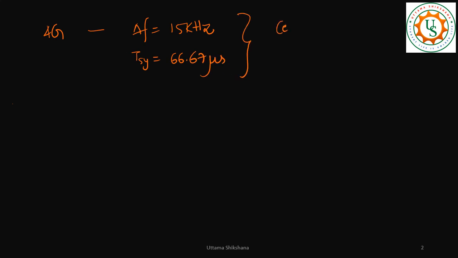In the case of 4G, we had delta f equal to 15 kilohertz, based on the 3GPP spec, for which the symbol duration is 66.67 microseconds. For the cell size considered in 4G, tau d is approximately 3 to 4 microseconds, so the symbol duration is far greater than tau d.